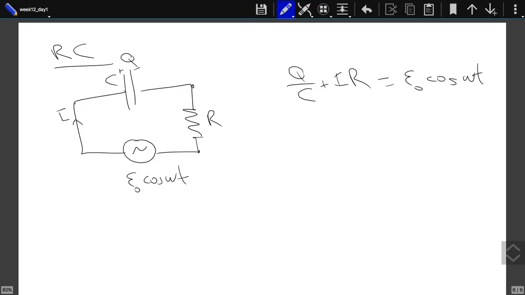Now I change my convention. Before I would write this on this side with a plus sign. Now I'm writing it on that side with a minus sign. It doesn't make any difference. It makes no difference. I'm just changing what I call t is equal to 0. That's the only difference. And I is equal to dq by dt.